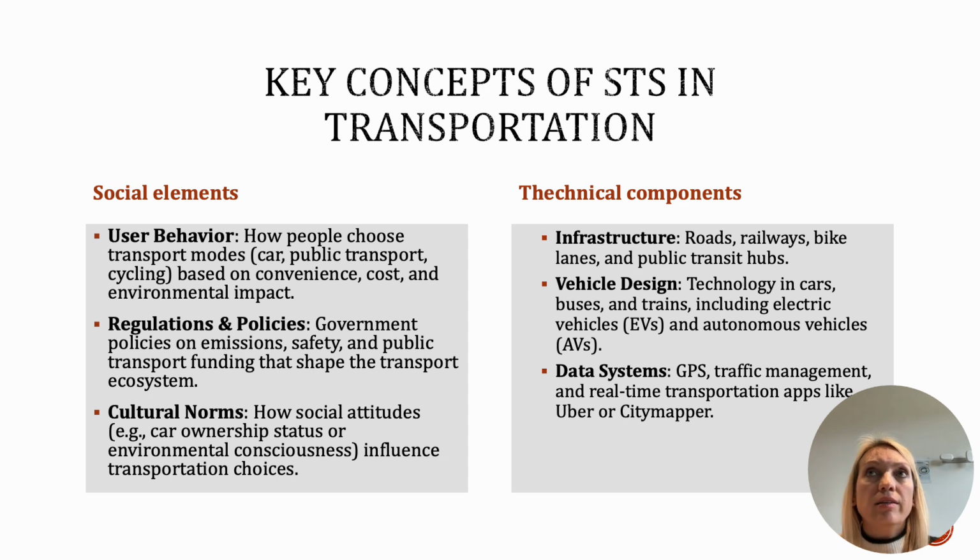And another key component is technical. That means infrastructure: roads, railways, bike lanes are the backbones of the transportation system, and the technical capacity to integrate new systems depends on how infrastructure evolves to meet growing demands.